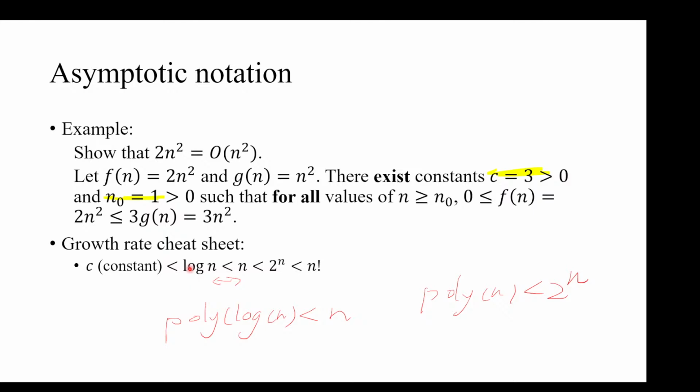So really, you can think about whether your function is a polynomial of log n, or a polynomial of n, and then you can tell whether you are smaller or greater, etc.